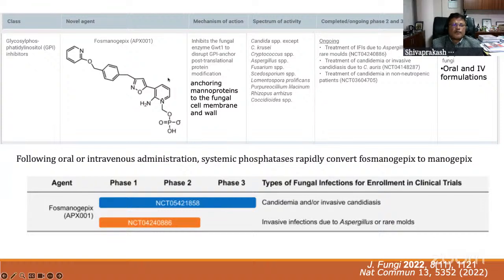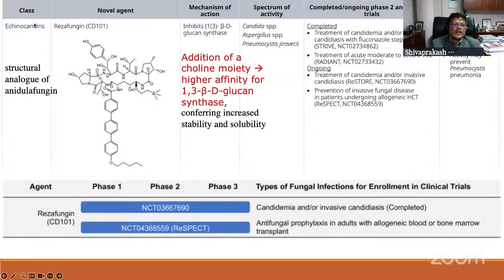If I say one of the broadest antifungals in the pipeline, it is fosmanogepix. Also, we do not have an oral formulation of amphotericin, but here we have both oral and IV formulations. In that way, it makes this drug one of the important ones.